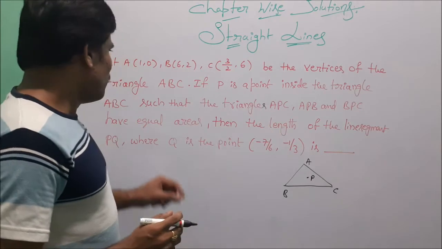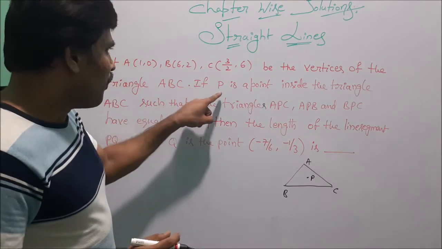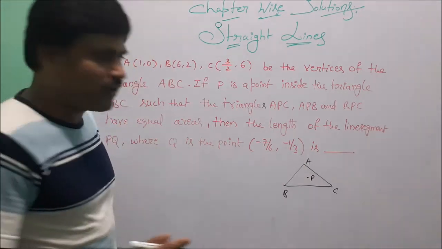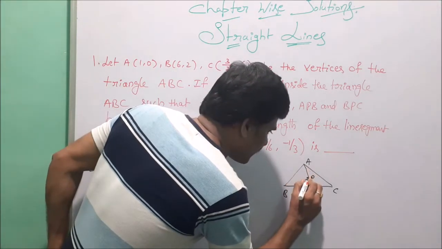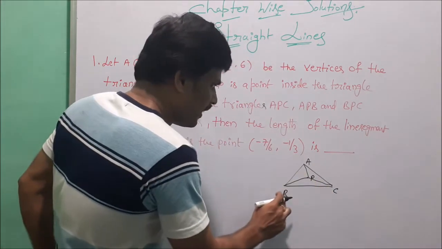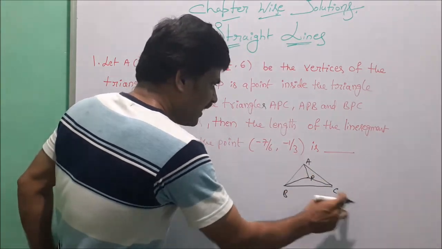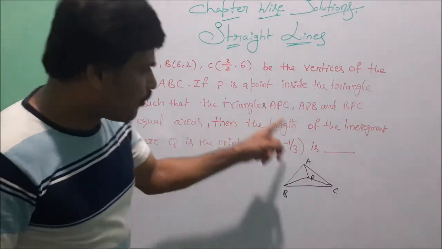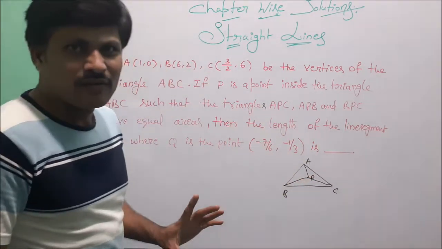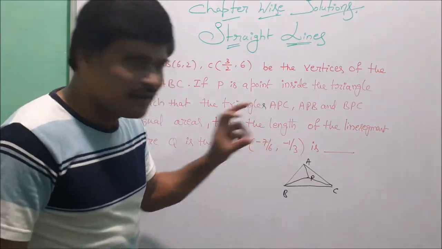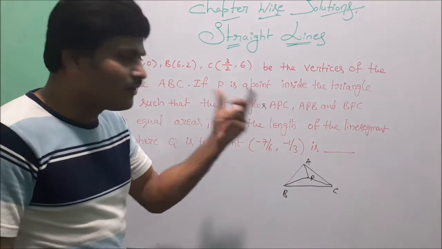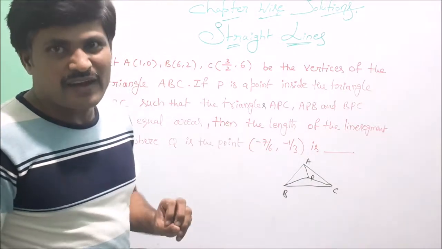This point divides the triangle into 3 equal area triangles. Now the triangles are APB, APC and BPC. Here the point P divides it into 3 small triangles of equal areas.